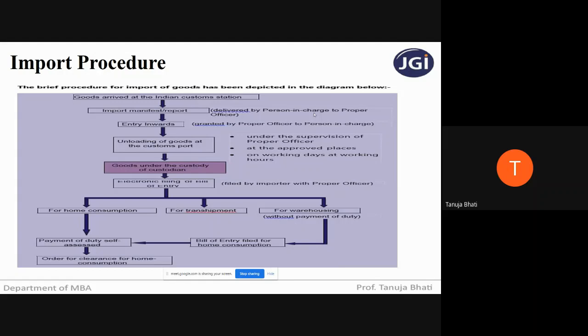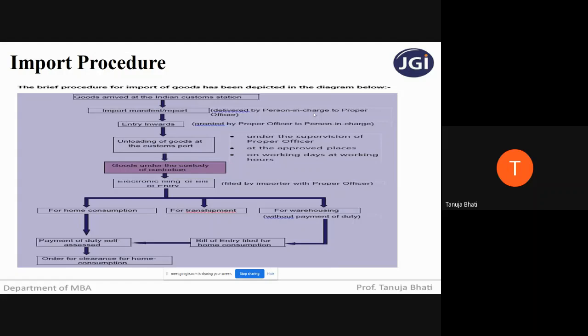So that detailed information about the goods has to be submitted by the person in charge to the proper officer after the goods arrive at the Indian customs station. So this is in the form of the import manifest report.